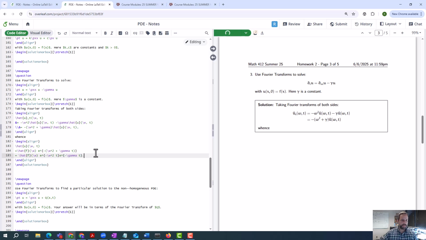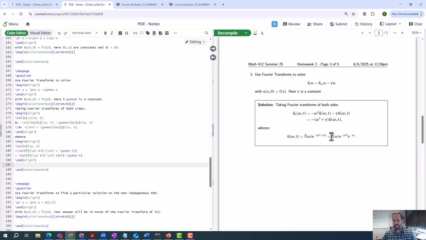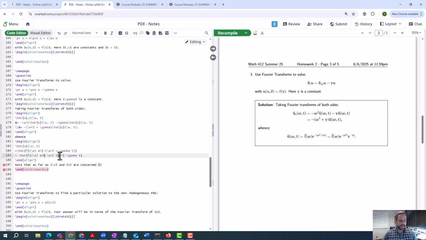So let me see what this looks like. Notice as far as the Fourier transform variables are concerned, that's just omega and x. This is a constant, and we know what the inverse Fourier transform of this part is. We've already looked at that.